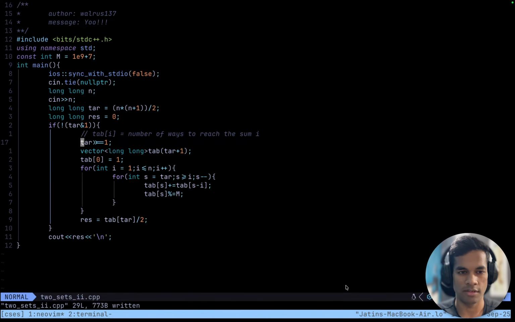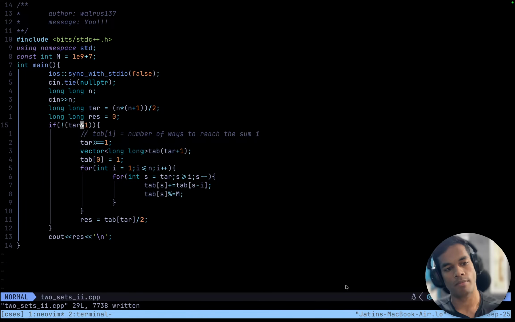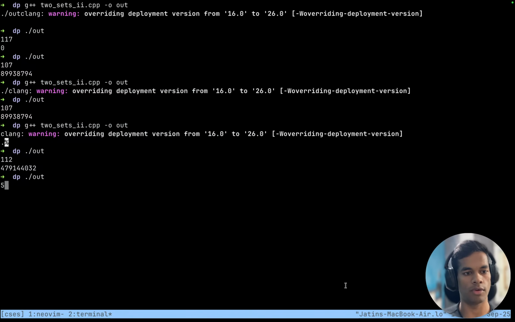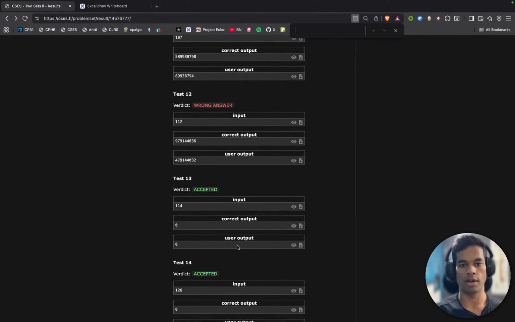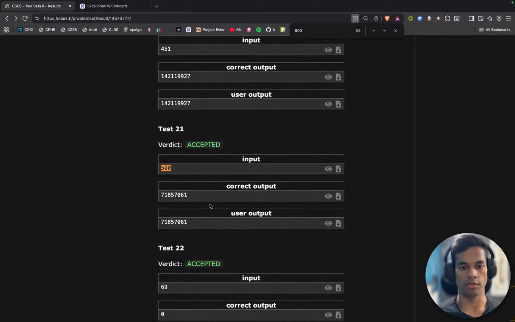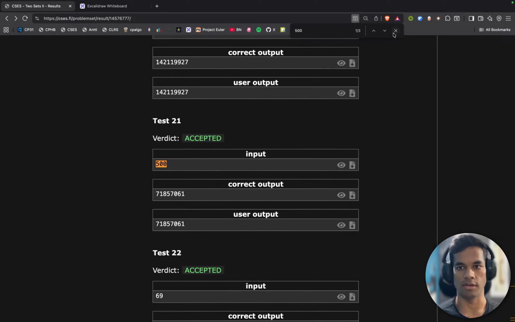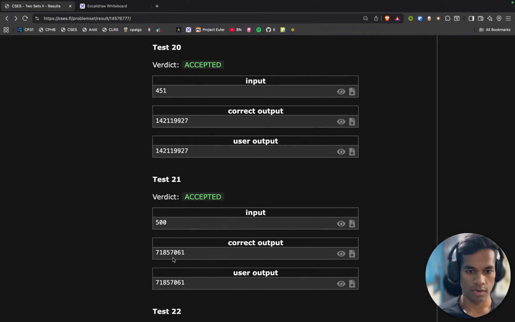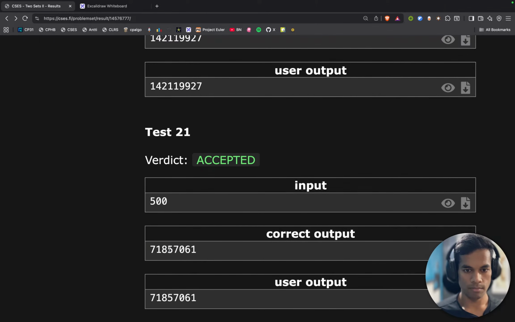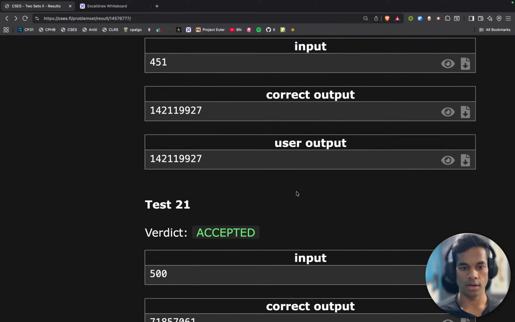Is there a mistake with this target? Dot slash out 500. I don't know if there was ever a 500. Okay, there was, and I outputted the correct answer. So there is some logical mistake. Maybe. Wait, when it is 500, the answer. Okay, it is big. It seems to be bigger than this number. I guess this might have a greater number of digits.